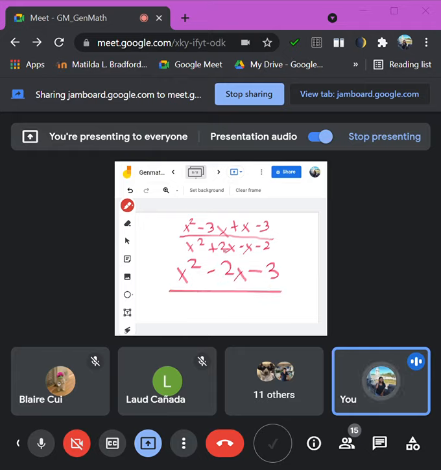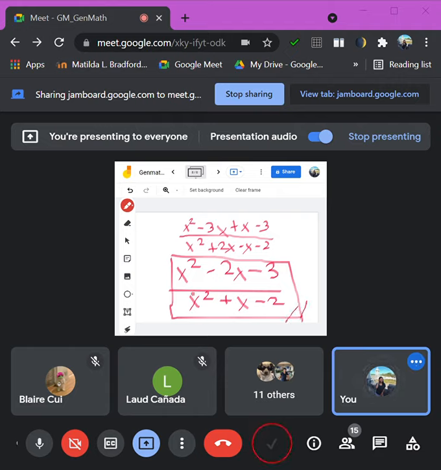And below, 2x minus x, that is x squared plus x minus 2. So that is the final answer for the equation I gave earlier. Okay, that is for multiplying rational algebraic expressions. Now, do you have any questions, class?